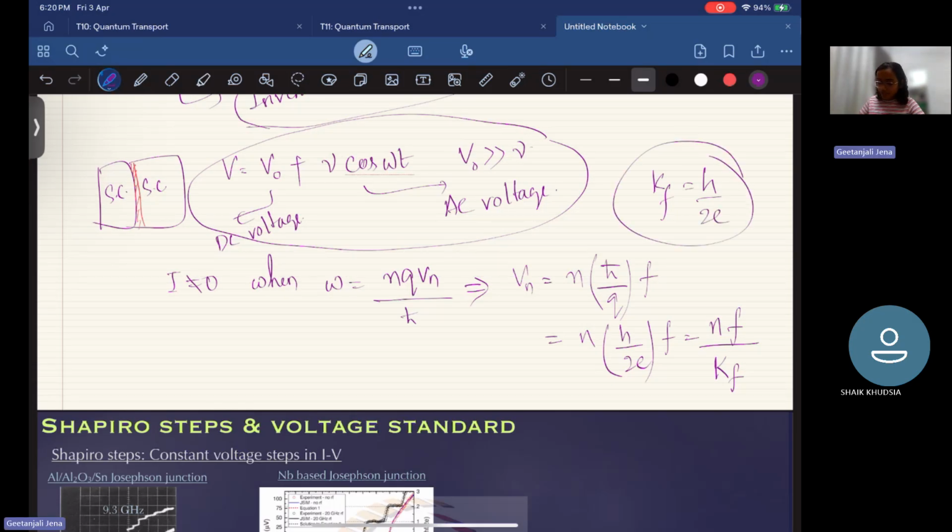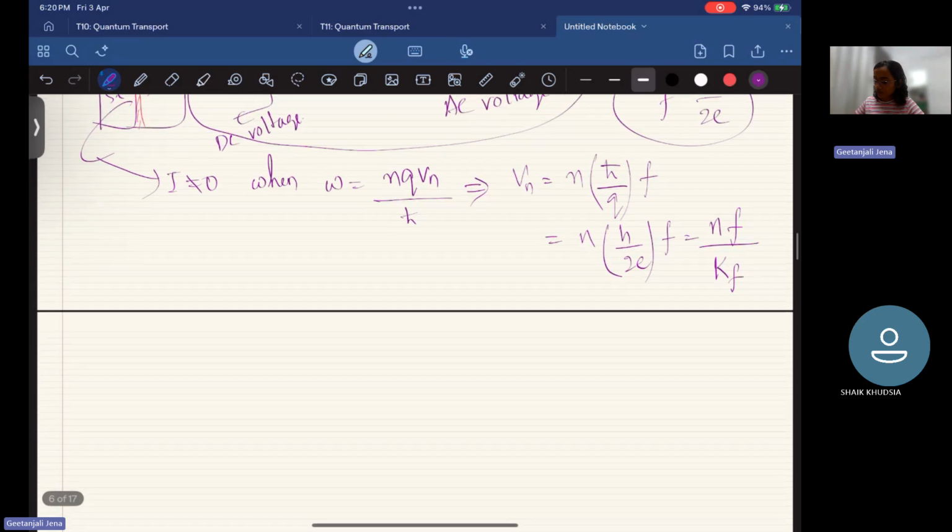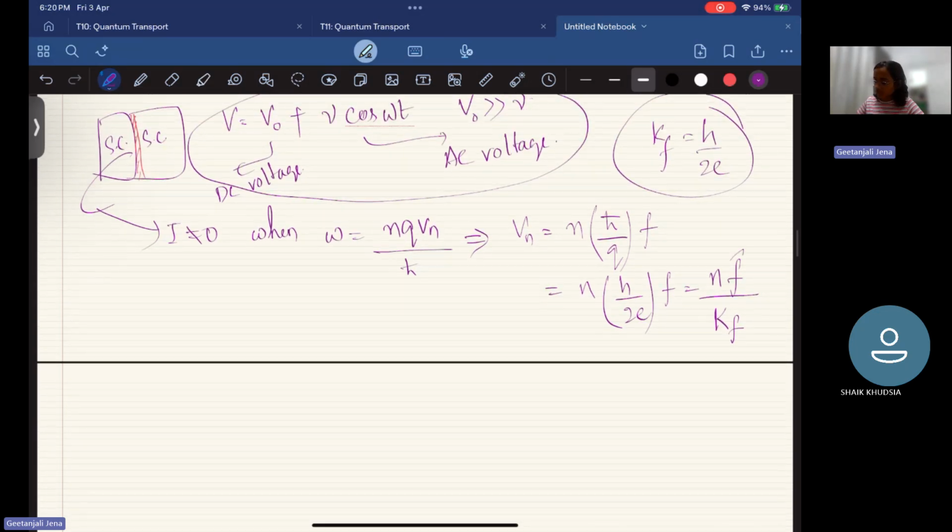So that means the current through this junction would be non-zero whenever the frequency of the AC source that we are using matches with this DC voltage. There will be a phase locking between the frequency of the AC voltage and the phase of this Josephson junction.